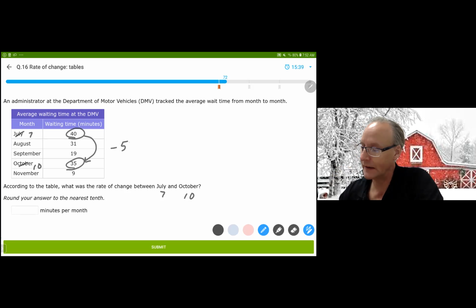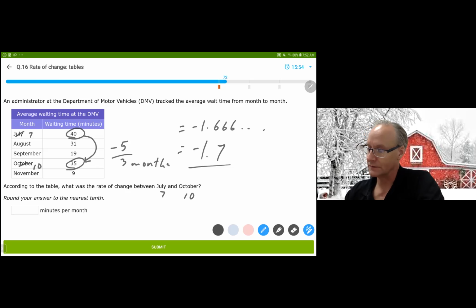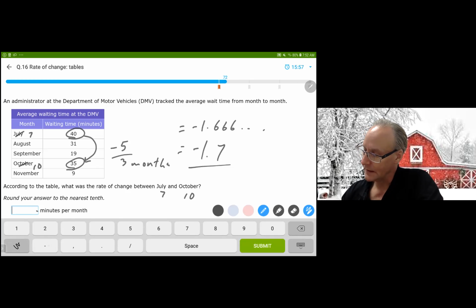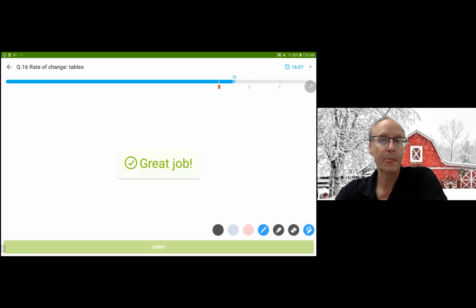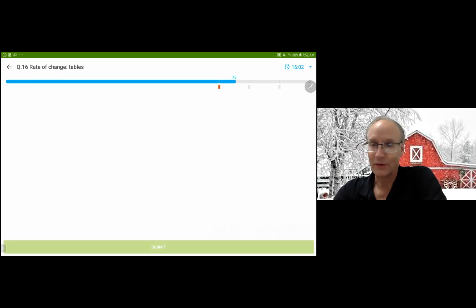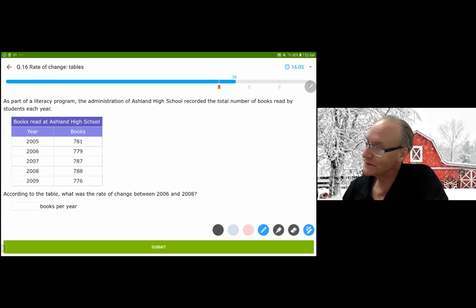That's down 5 over a period of 3 months. And that should look familiar. Negative 1.67, isn't it? So it's 1.7 if we round it, because it's really negative 1.666 and so on. But that rounds to negative 1.7. Helps to know your fractions, I promise.